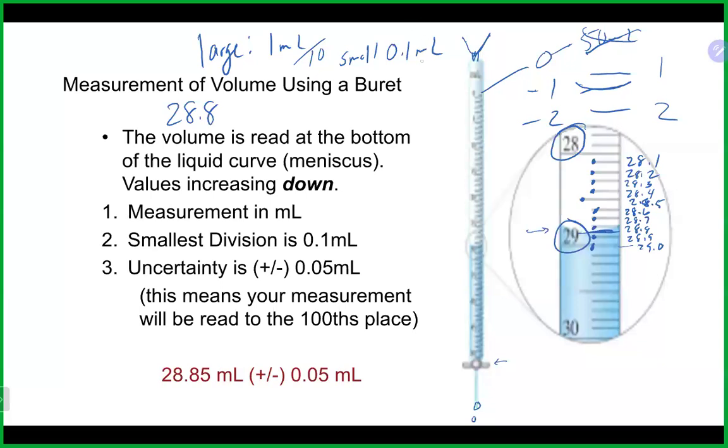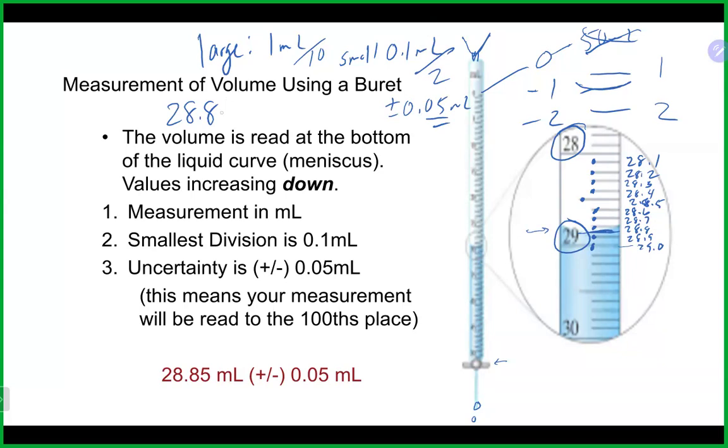Once again, if you're not sure how far you should take this, you just take the small marking, divide it by 2, and that will get you plus or minus 0.05 milliliters. That tells us we could actually take it to not 1 decimal place, but 2 decimal places in this case. And as you can see there, they feel it's maybe halfway between those 2 markings.